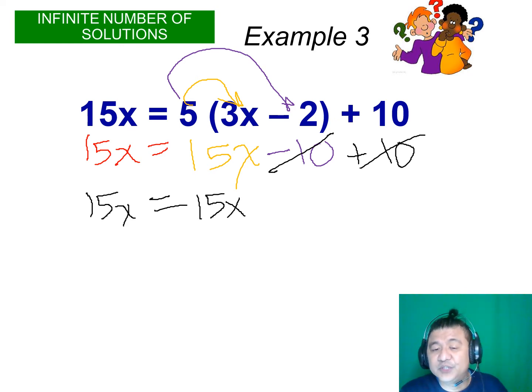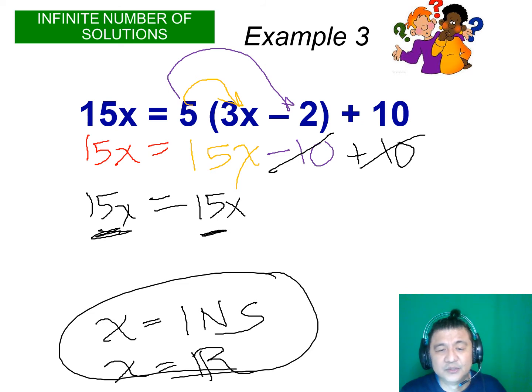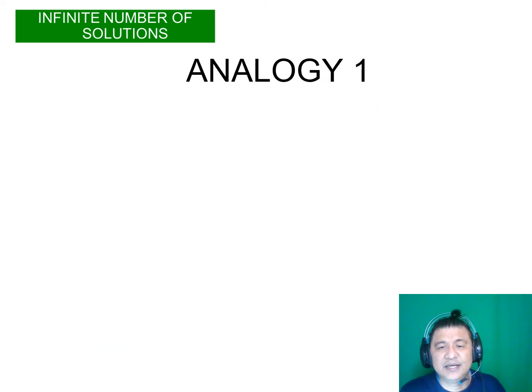Clue: if you see that the left side is equal to the right side, you don't need to solve for x anymore. You could just say that x is equal to infinite number of solutions, or x is equal to all the real numbers. Either means it's everything. So if the left side is equal to the right side, again, x is all the real numbers or infinite number of solutions.